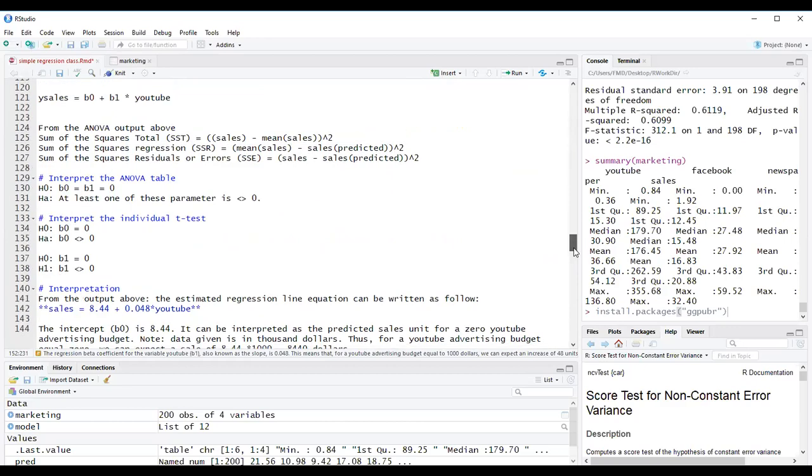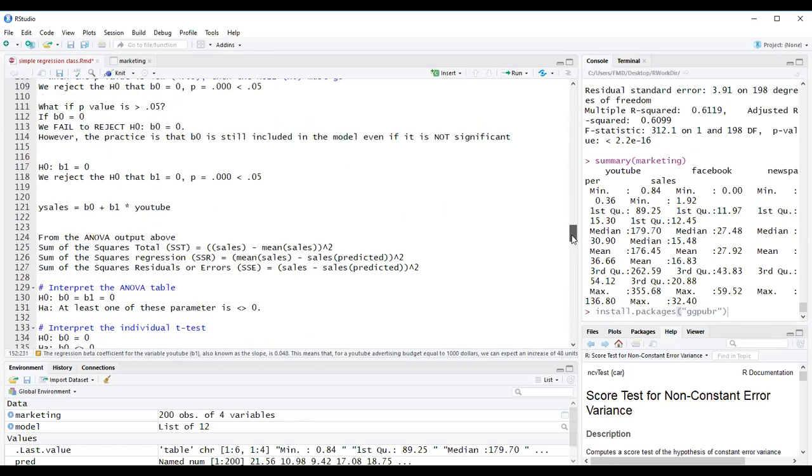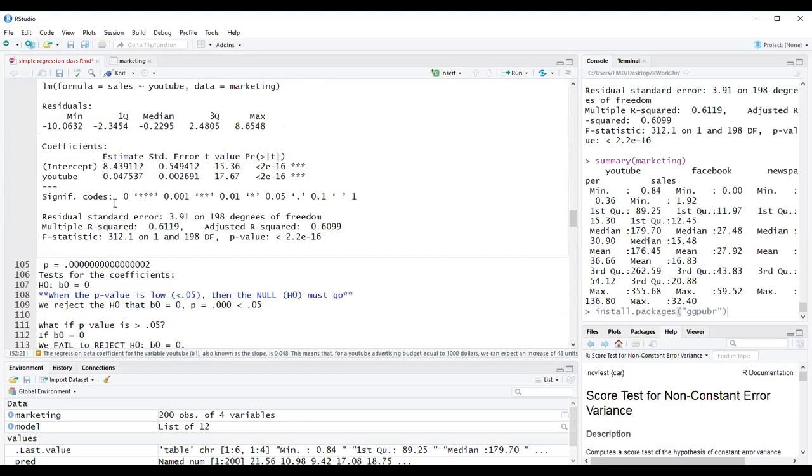Ano yung value ng ano? 0.048. So ang sabi natin dito, pag nag-increase daw si YouTube advertising budget. Okay, hold on ha. Ganito muna gawin natin. Sorry for this. Ano ibig sabihin nito? 0.048. Ibig sabihin nito guys, for every 1 unit increase in YouTube, there's a corresponding 0.048 units increase in sales.